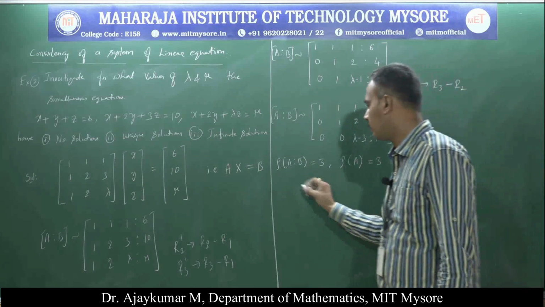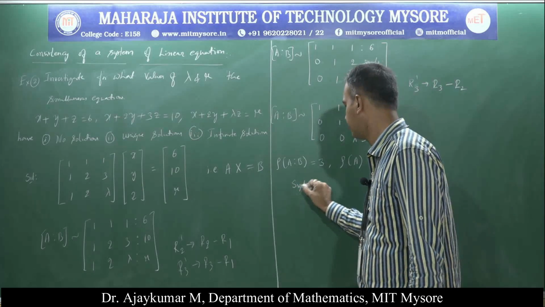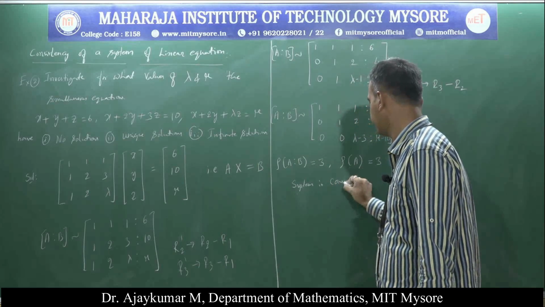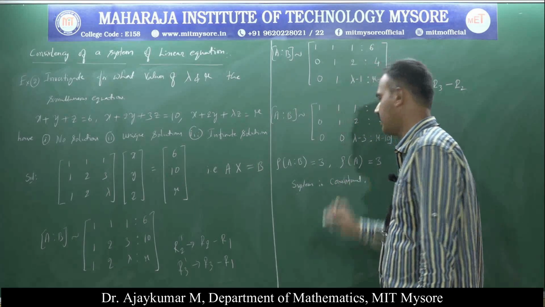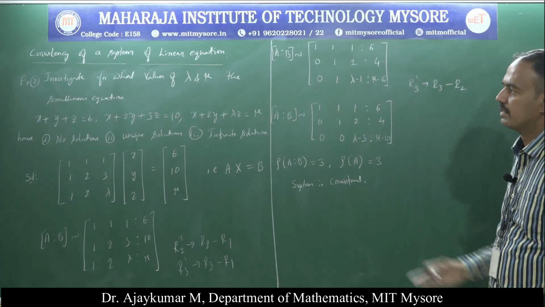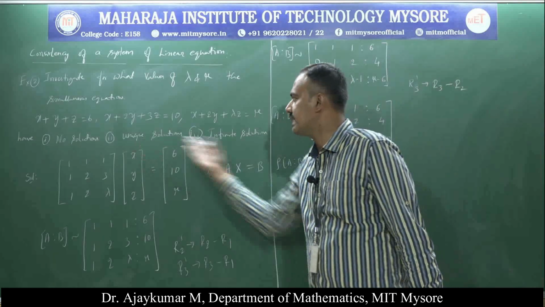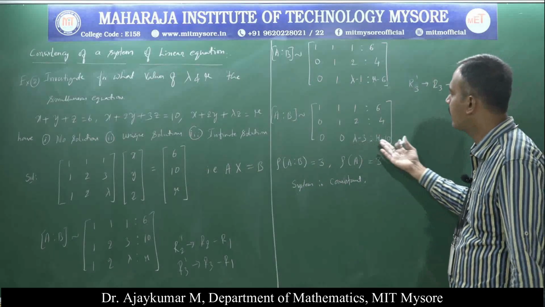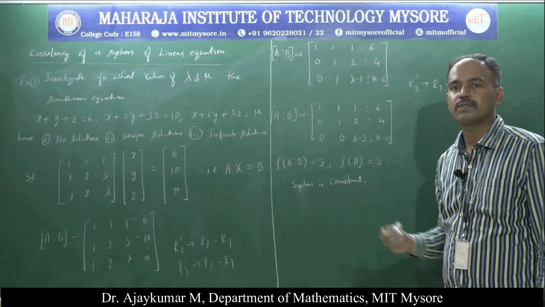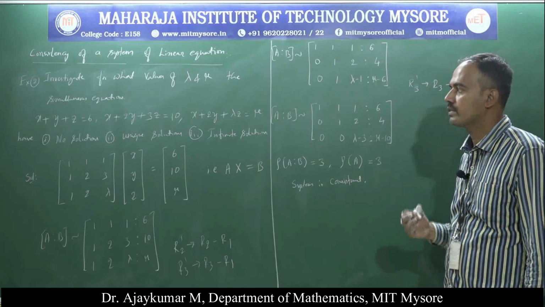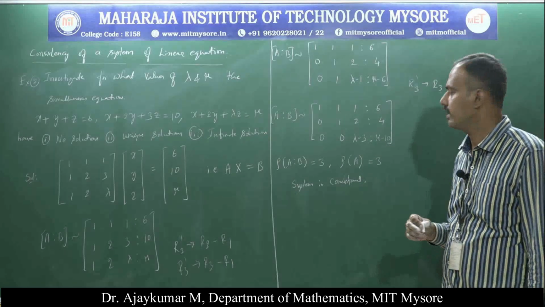So the system is consistent. Once the system is consistent, we have to verify the 3 observations. Unless we know the values of lambda and mu, we can't specify whether we get no solution, a unique solution, or infinite solutions.